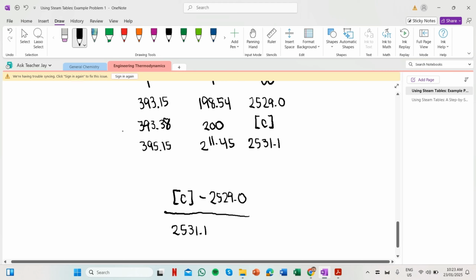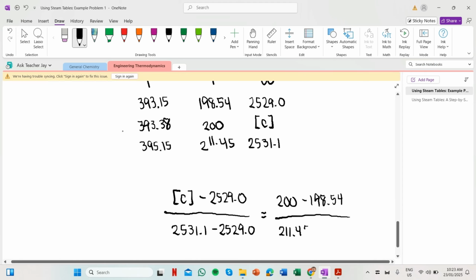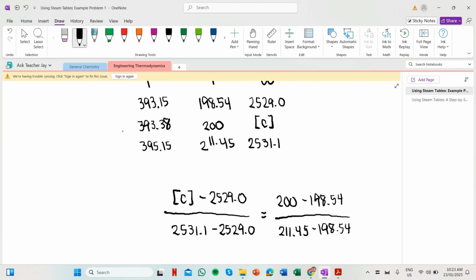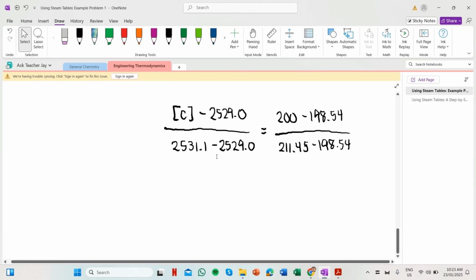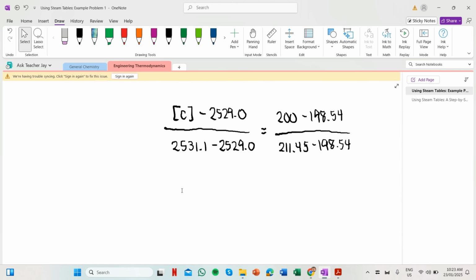I'll do the same pattern that I did in the previous interpolations. So I'll copy 200 minus 198.54. There are a lot of interpolation apps available, guys, so you can actually do this part easily. But as a student, I'm still using this approach, in case I'm not allowed to use interpolation apps during exams.